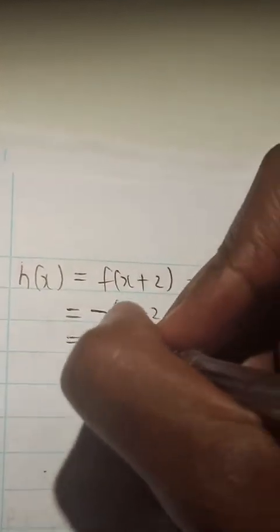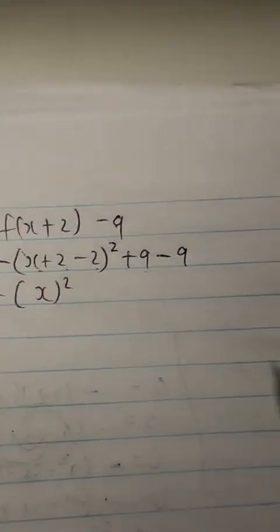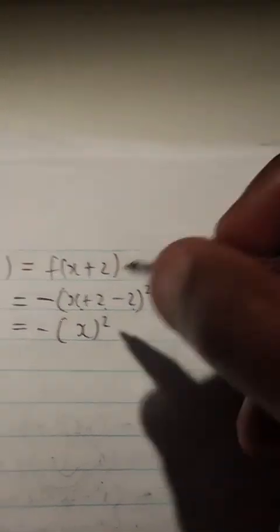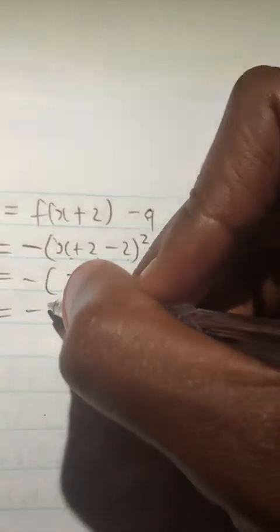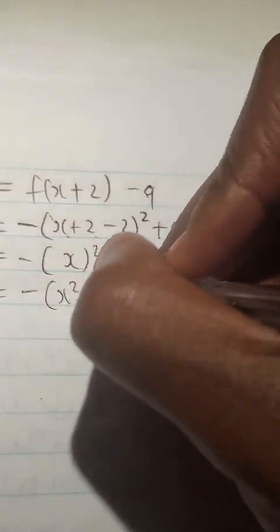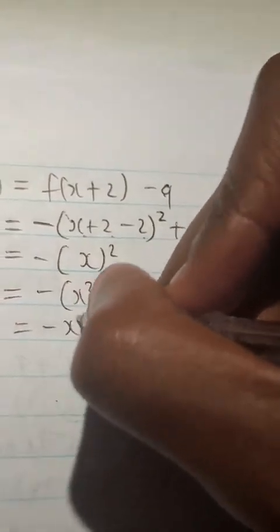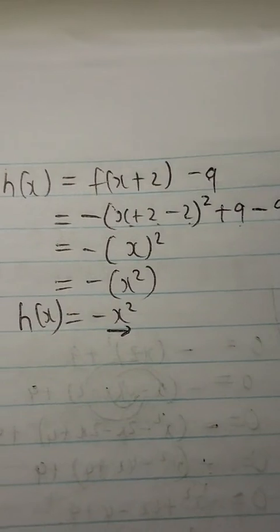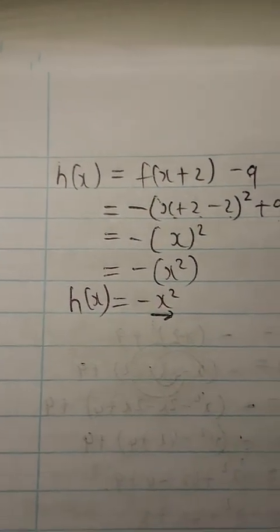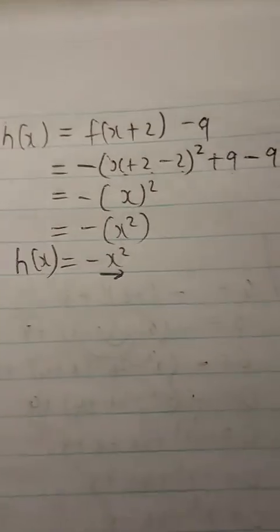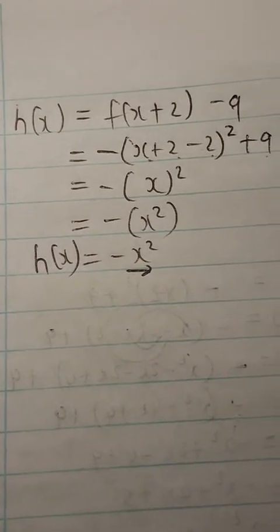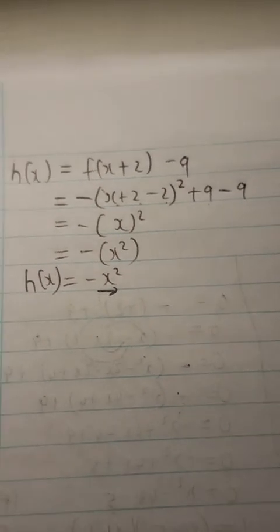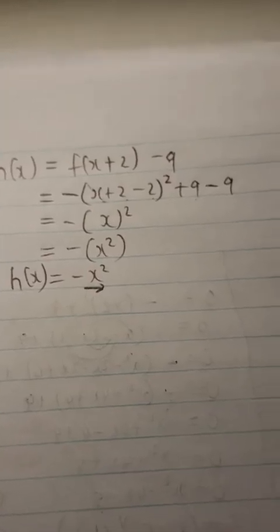Now let's maneuver: x plus 2 minus 2 leaves us with x. Plus 9 minus 9 leaves us with 0. So our final answer is minus x squared. That is h of x. h of x is equal to negative x squared. There it is. That is the equation of the function h of x.